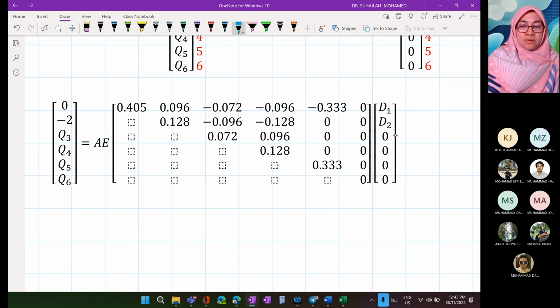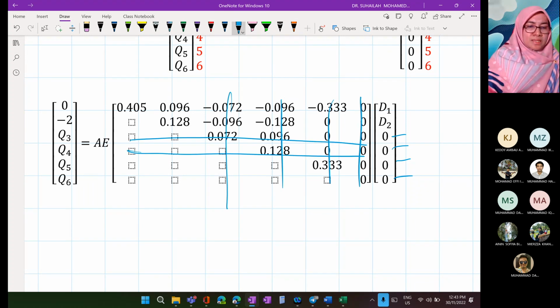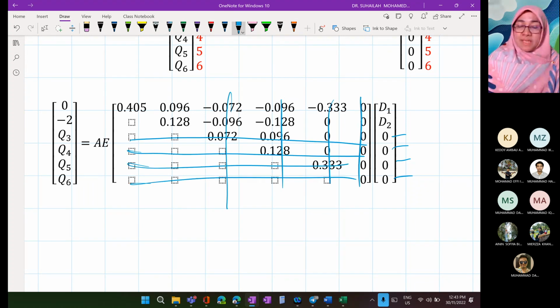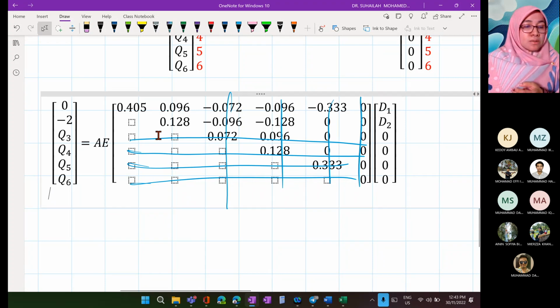So we don't have to consider this because when we consider it, we get 0. So cancel all 3, 4, 5, 6. What we get is only equivalent to two simultaneous equations that we can solve using calculator, 2 by 2 only.